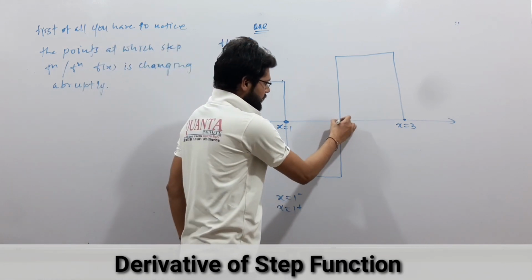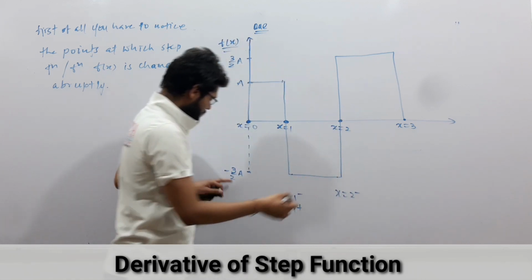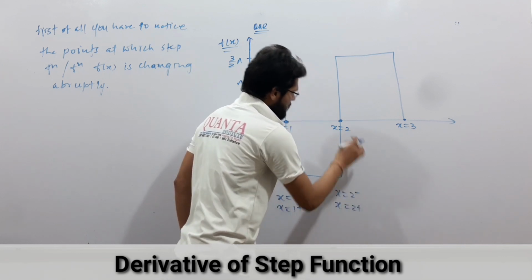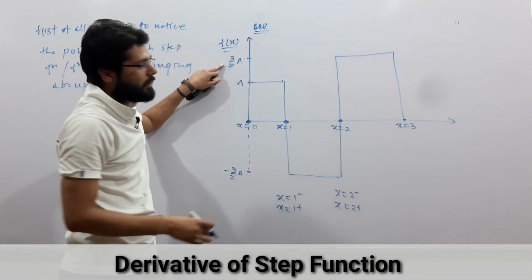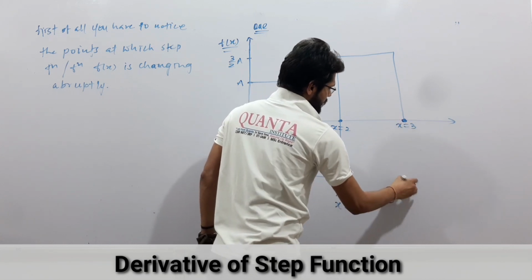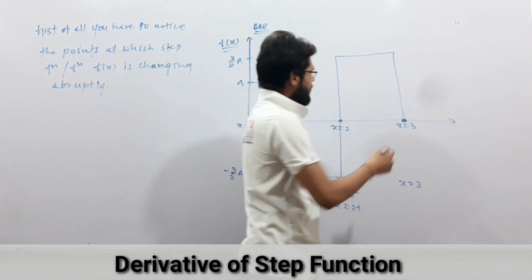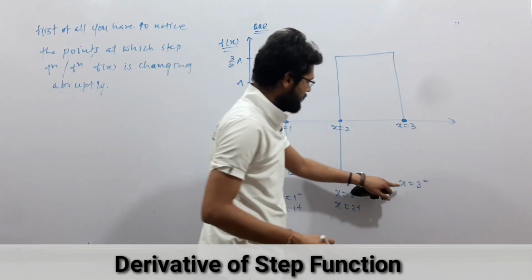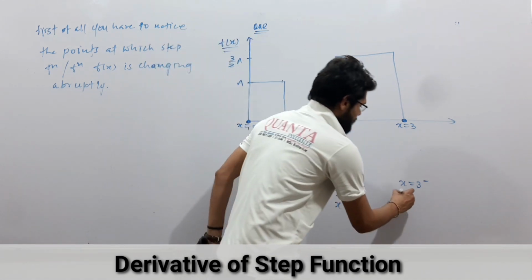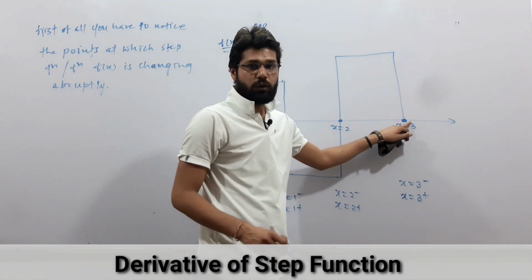At x equal to 2 minus the value is minus 3 by 2a, and at x equal to 2 plus the value is plus 3 by 2a. This is also a point of abrupt change. At x equal to 3 minus the value is 3 by 2a, and at x equal to 3 plus the value is 0.